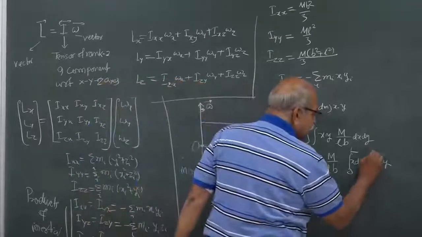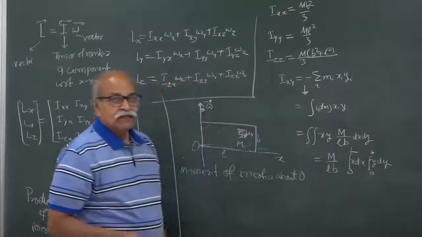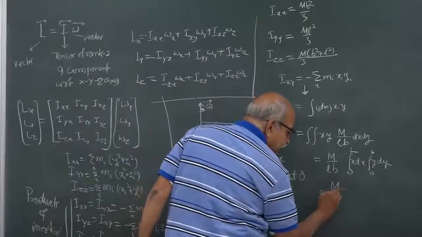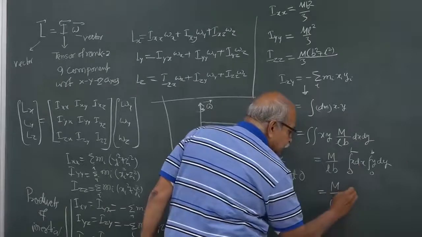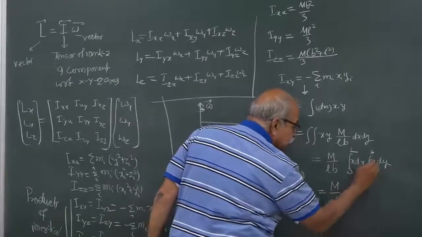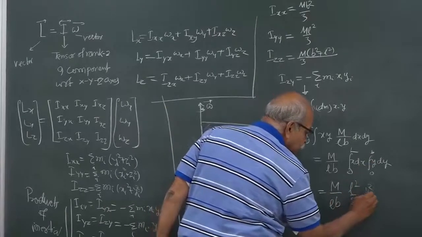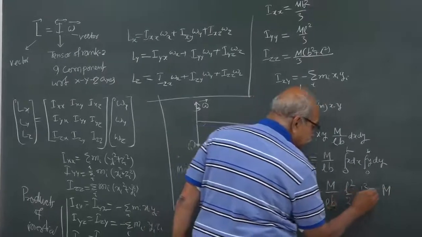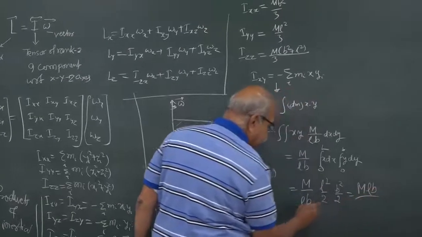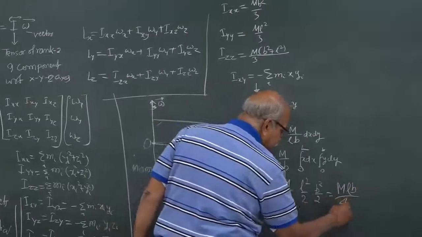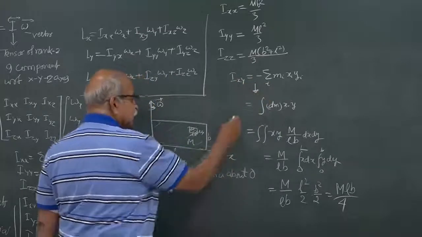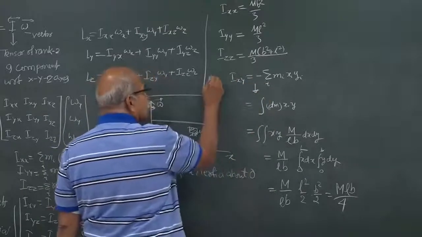The integration is fairly simple. It is m divided by L into b, L square by 2, b square by 2. So, m into L b divided by 4, that is I xy and same as I yx. Okay. This is same as I yx.